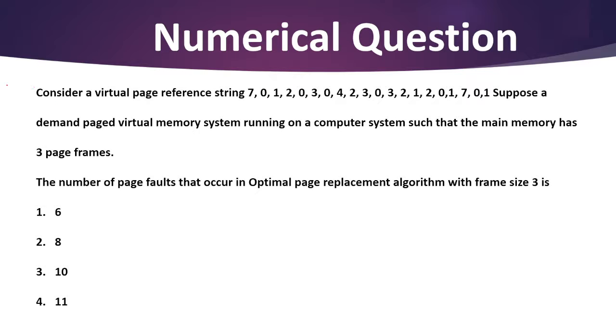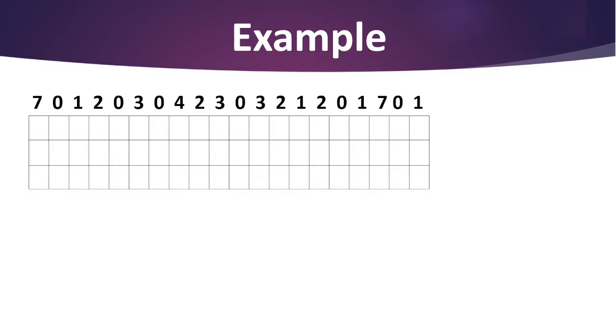So here is the question given. Consider the virtual page reference string. So here they had given a long reference string. Suppose a demand page virtual memory system running on a computer system such that the main memory has 3 page frames. Okay, so I have told you so many times that in such type of questions, first you need to write the given string as it is, and according to the number of page frames you have to create a table like this.